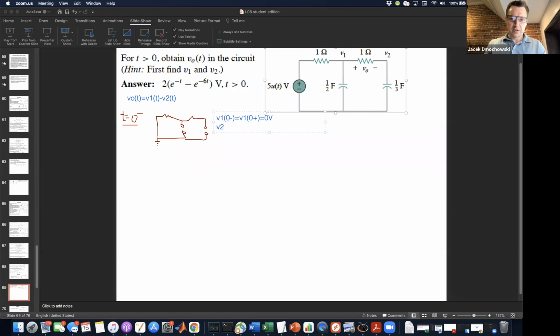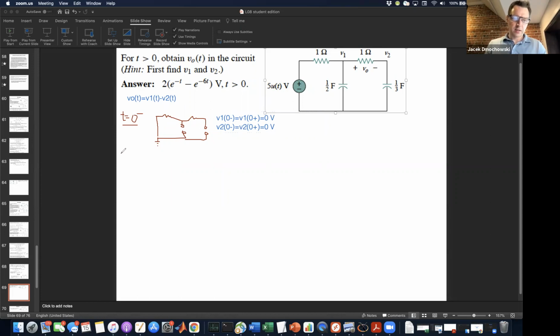And similarly, V2 of 0 minus is equal to V2 of 0 plus is equal to 0 volts. Because there's no current anywhere, so there's no voltage drops across these resistors, and so there's just a dead circuit.